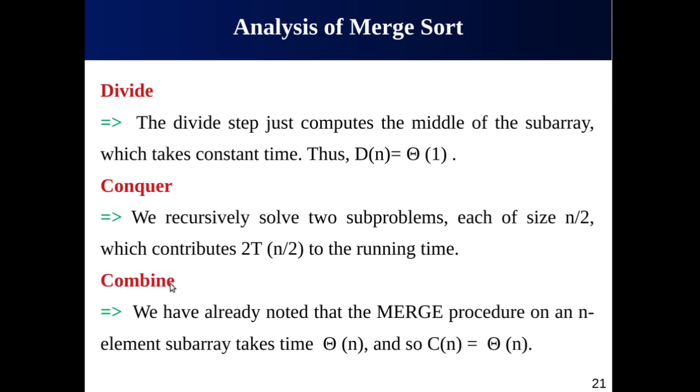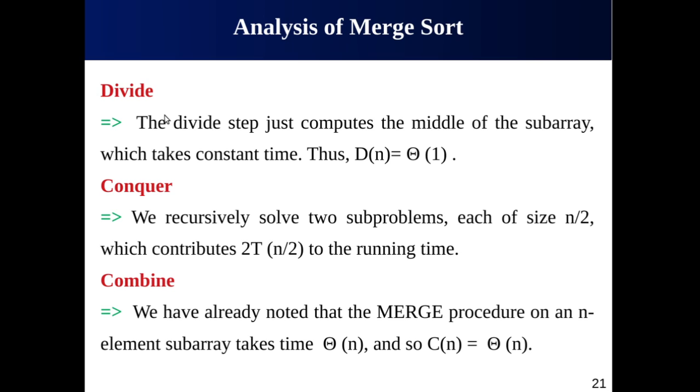In a similar way, let us first discuss the combine step and then we will come to the conquer step. In the combine step, we already noted that the merge procedure plays an important role. And the merge procedure works on an n element subarray, so it will take a total amount of theta n, where n again is the size.